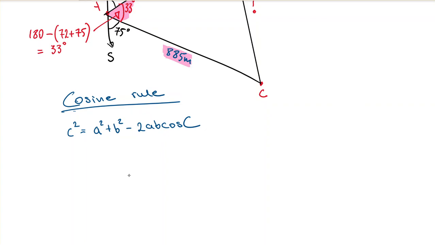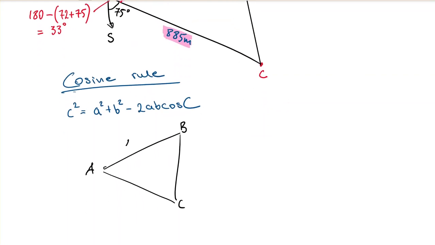What I'll do is I'll draw my triangle here again. I've got 450 meters as AB, AC is 885 meters, and my angle is 33 degrees.